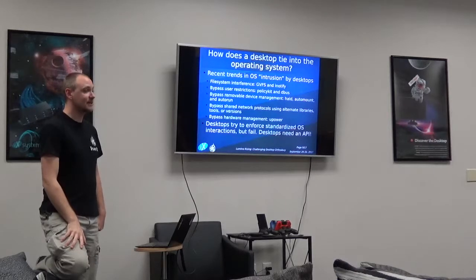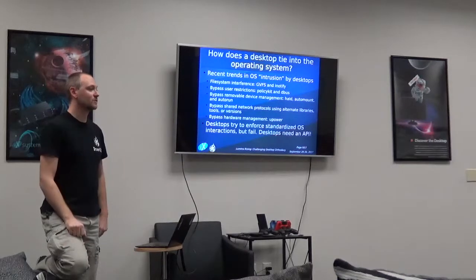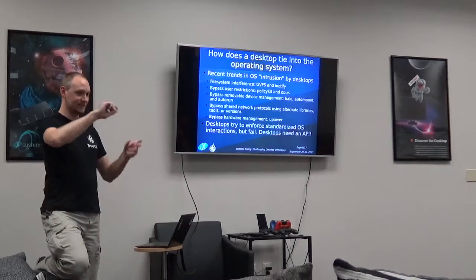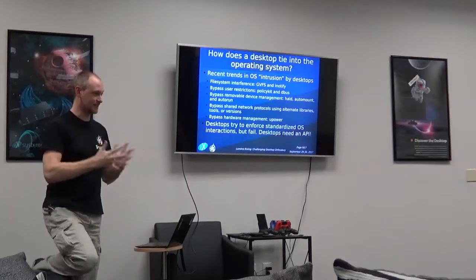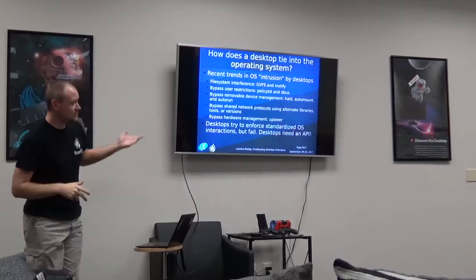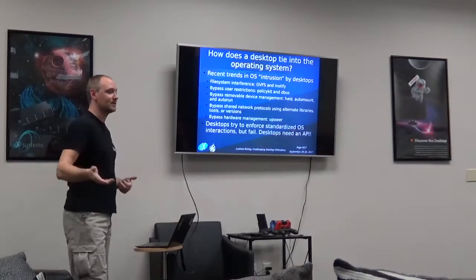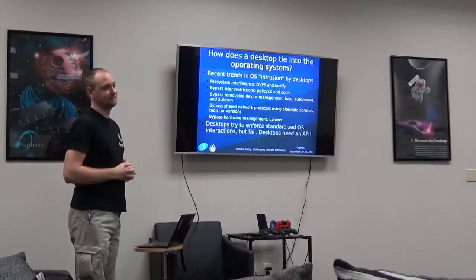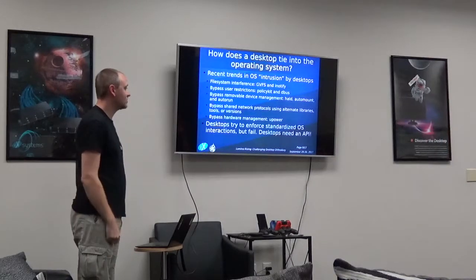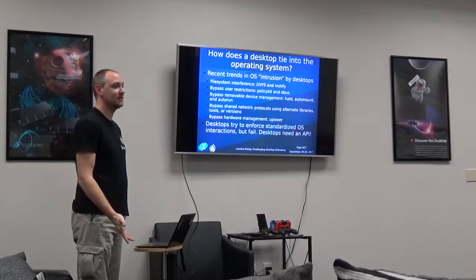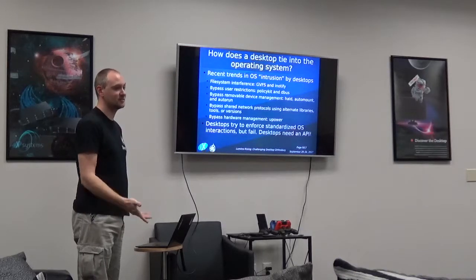Things like Lumina say, no, we'll just be more flexible for whatever is on your operating system, but you have to give us the definitions up front. For FreeBSD, do this. For Linux, do this. Things like that. And essentially it boils down to, we're just trying to find standardized ways of doing all these common tasks. And really what it comes down to is desktops, they really need a standardized operating system API.